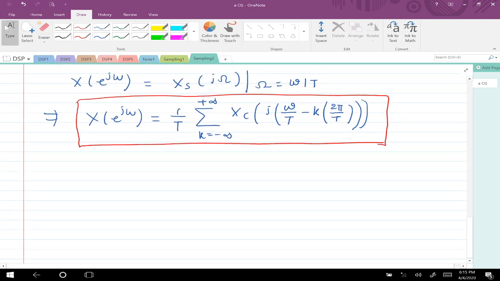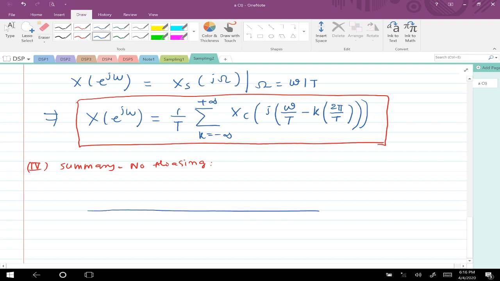Okay, now let's plot these graphs. So what we do now is take a summary of it in terms of the plots. Let's start with the case when there is no aliasing. Whatever we have discussed orally, we'll do the same thing here.